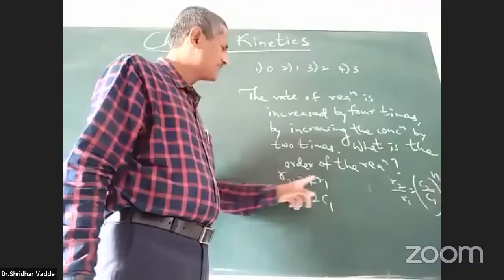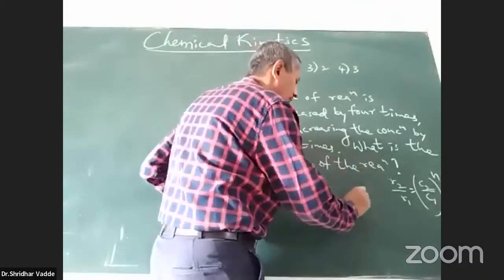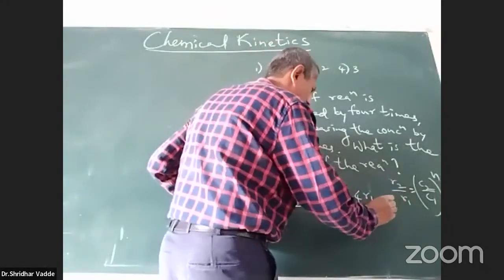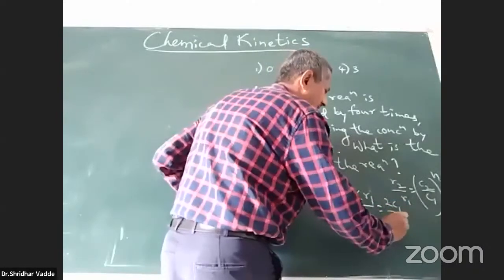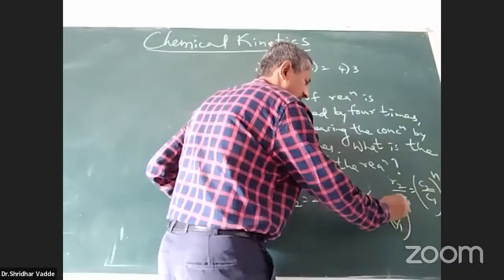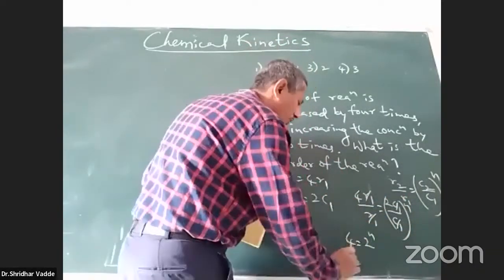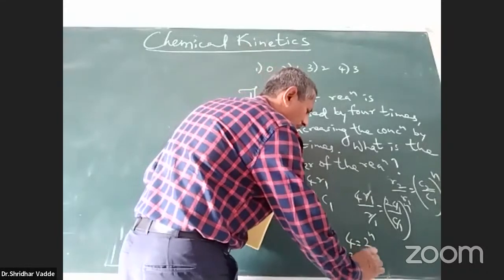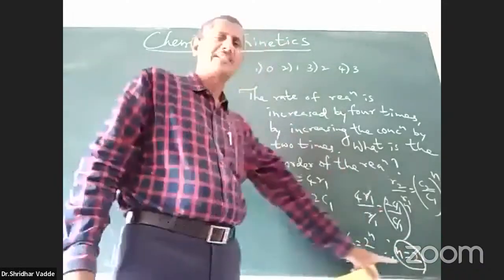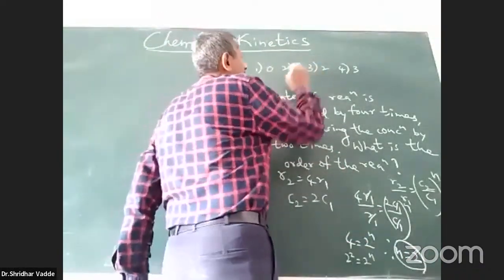You substitute here: 4R1 by R1, and 2C1 by C1 to the power n. R1 cancels, C1 cancels. So 4 is equal to 2 to the power of n. So 2 squared is equal to 2 to the power of n. Therefore, the order of the reaction is 2. So what is the option?